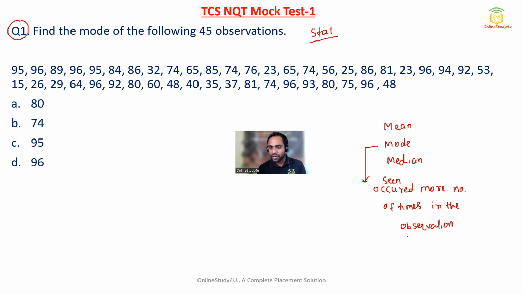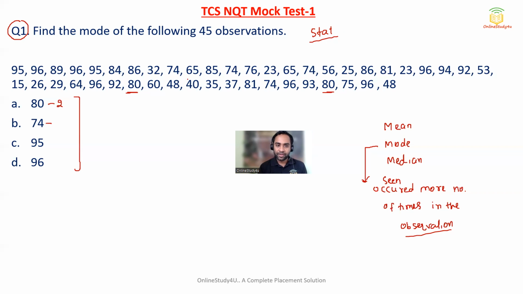Now, here 45 observations have been given and there are four options. You have to find out which option occurs the most number of times. So 80, how many times are you able to see 80? I could see it here once and here once, so 80 occurs two times in the given observation.